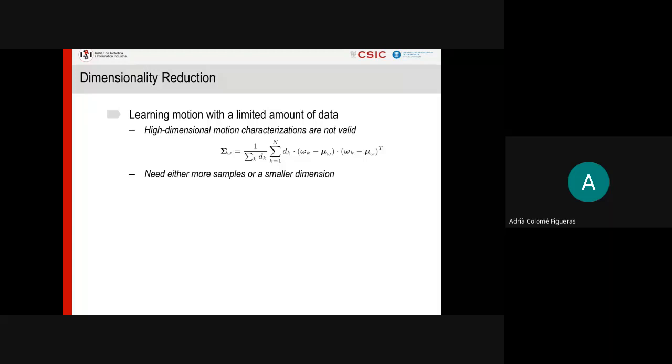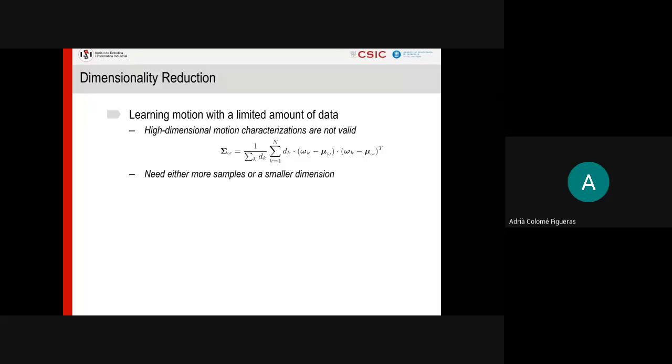But if we compute the covariance like this, or the unbiased covariance, what we see is that it is a weighted sum of just rank 1 matrices, because these are column vectors times row vectors. So if we have n samples and we add n rank 1 matrices, the rank of the covariance will be at most n.